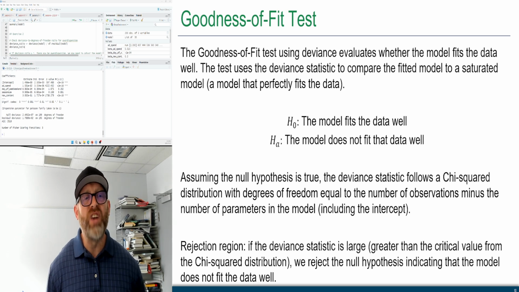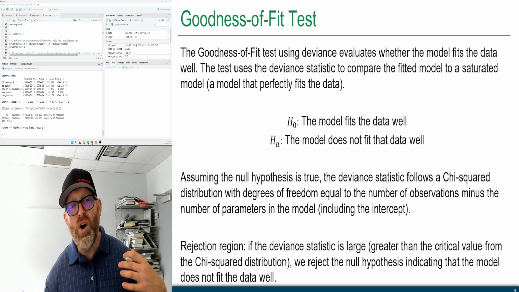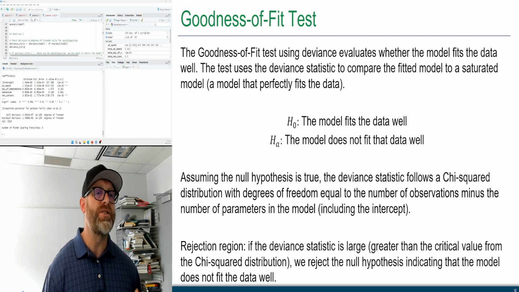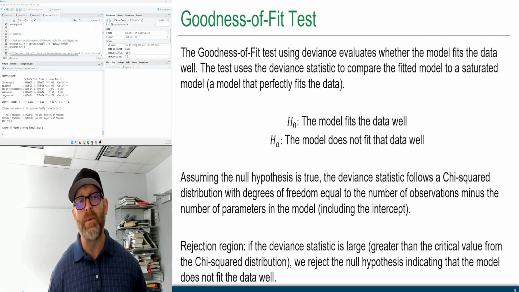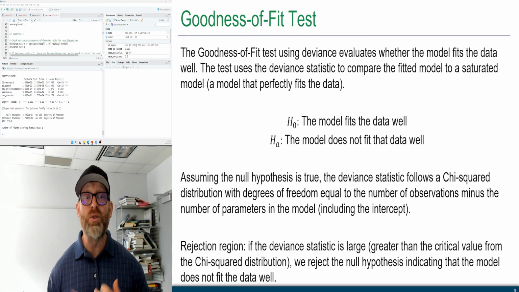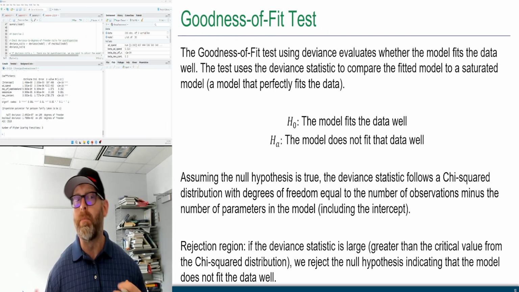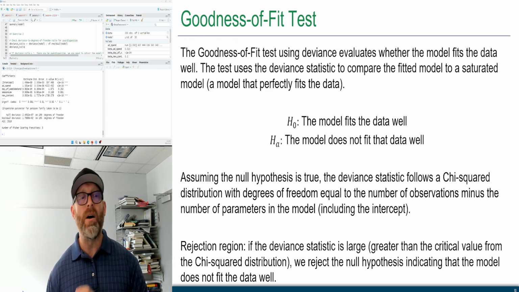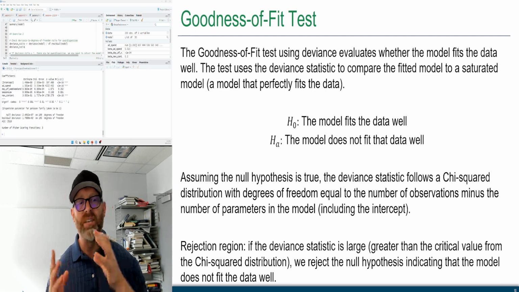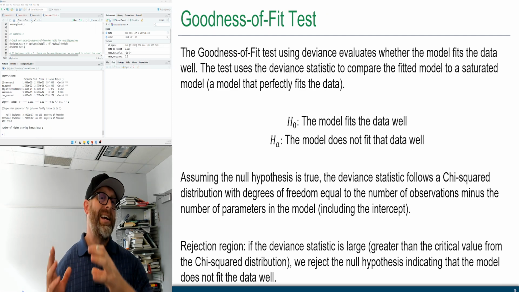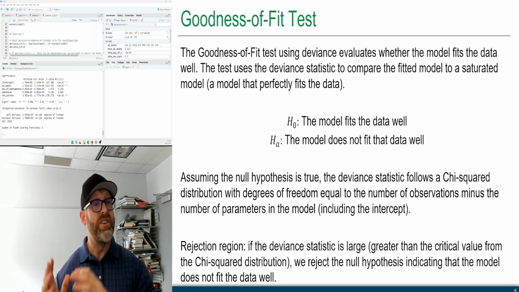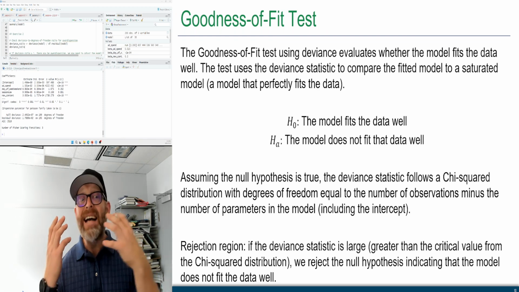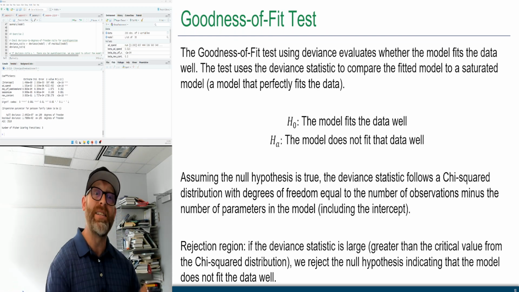So what is the rejection region? We know we have a certain amount of deviance. Now, is that deviance too much based upon the degrees of freedom that we have? If we take the ratio of these two things and they're close to 1, we're good. But how close to 1 does it need to be? If the model is correct, this is going to follow a chi-squared distribution. So we ask: following this distribution, assuming that the model fits well, I have this model with this deviance based upon these degrees of freedom.